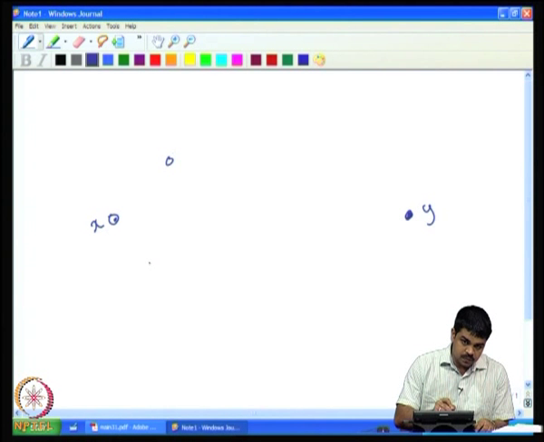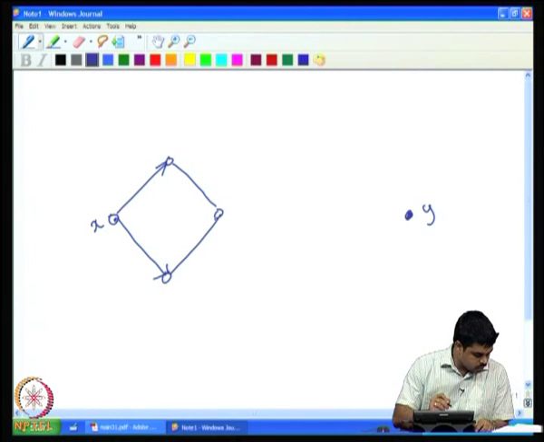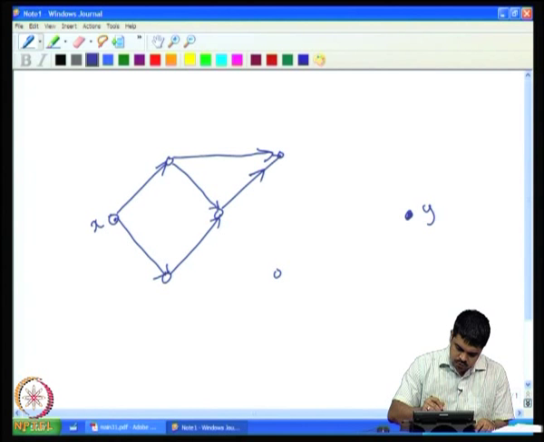Then we draw say two arcs here, and then let us draw an arc here. So, directions can be like this, and say two more vertices drawn here. Like this. So, we are drawing the underlying directed graph of the network.